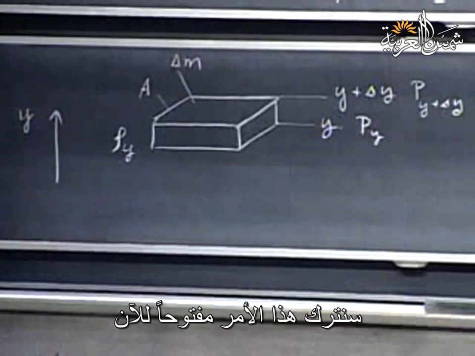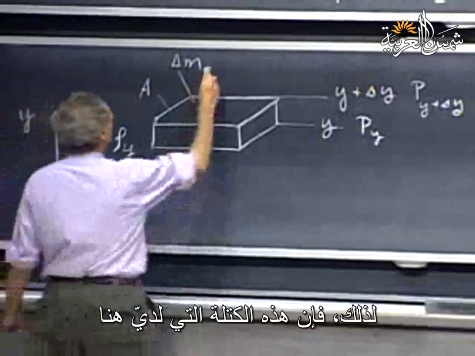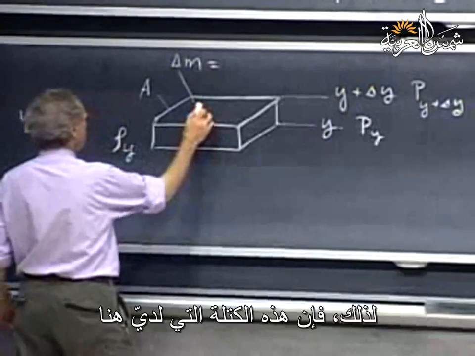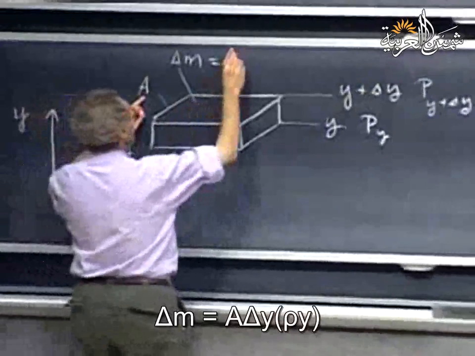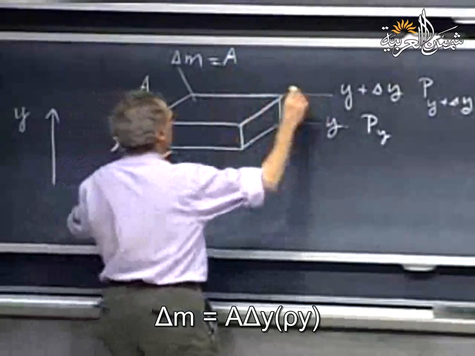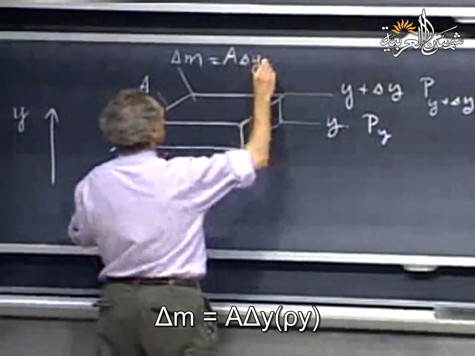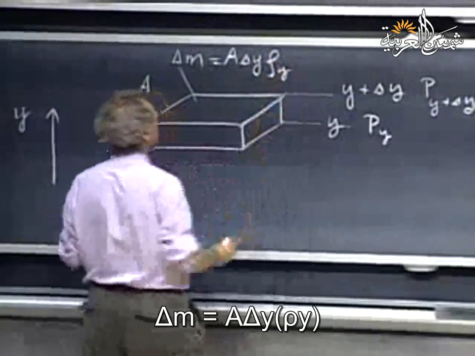We will leave that open for now. And so the mass that I have here is the volume times the density, and the volume is area A times delta y, and then times the density, which may be a function of y.